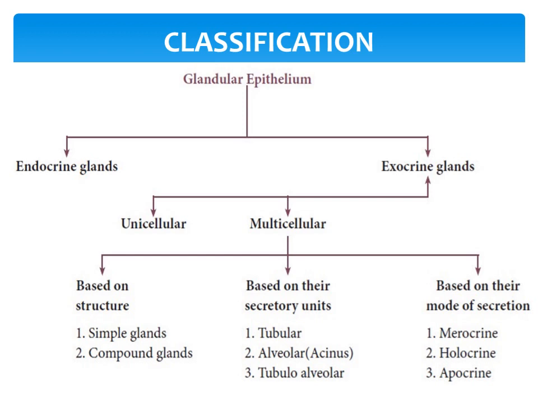Second, based on their secretory units, they are classified as tubular, alveolar or acinus, and tubulo-alveolar. The third classification is made based on the mode of secretion: first merocrine, second holocrine, and third apocrine.